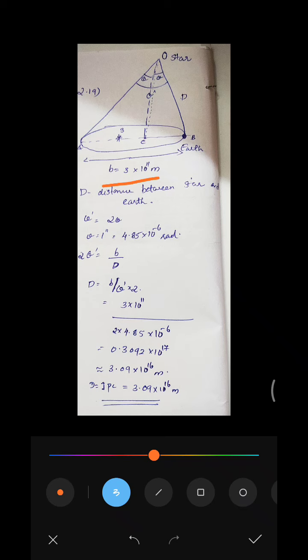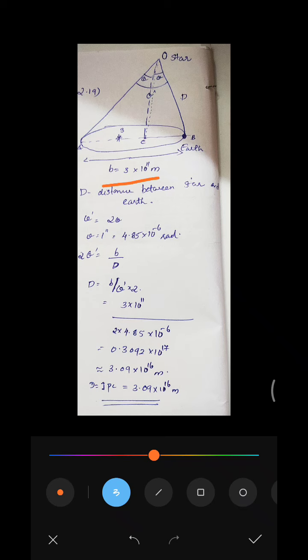So if the angle of vision is 1 arc second, then the distance between the observer and the star will be considered as 1 parsec.